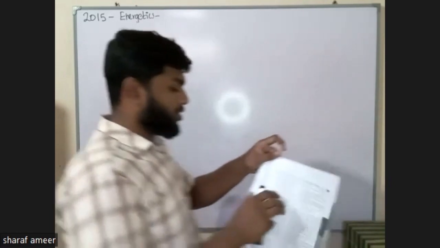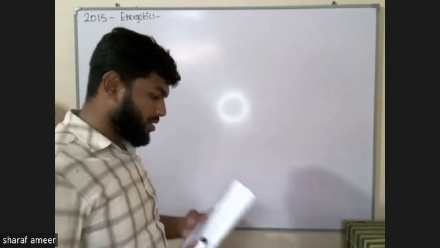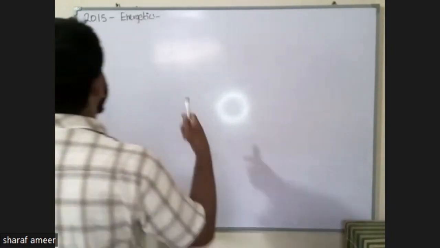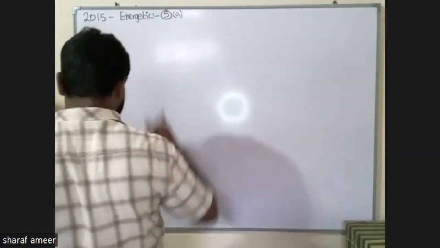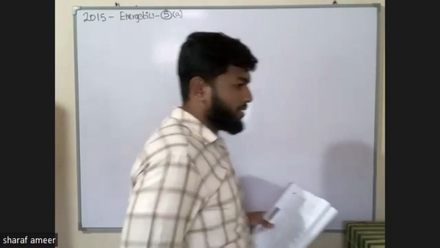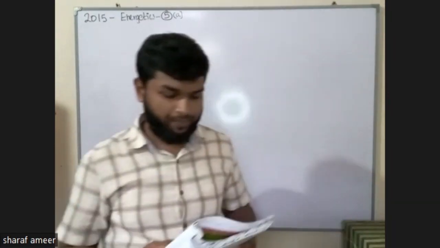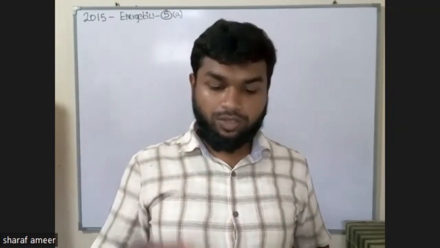Right. So 2015 essay, fifth question, A part. I'll be reading out the question. Consider the following reaction at a temperature of 25 degrees Celsius. AB solid dissociates to form C solid and D gas.